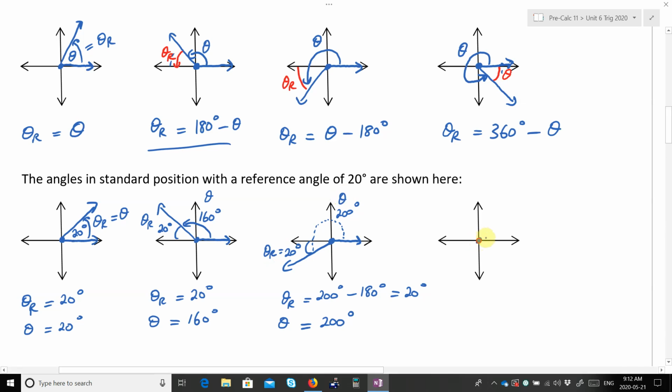And in quadrant 4, if I draw a reference angle of 20 degrees, then what is this angle theta? Well, it's 360 all the way around the circle, so we would have to go 360 minus that 20 to get 340 degrees.